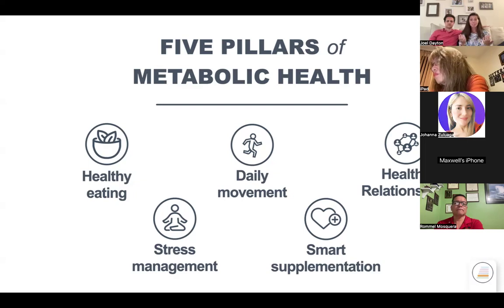We also talk about stress, right? So, stress and healthy relationships, if we have those in a good range, then we're not going to have imbalances in our hormones. But if we do have imbalances in our hormones, our body prioritizes fight or flight. It wants us to survive more than reproductive hormones. And so that's why if we're in a constant stress state, our body is going to pad itself up and say, I need to make sure I'm ready to run.